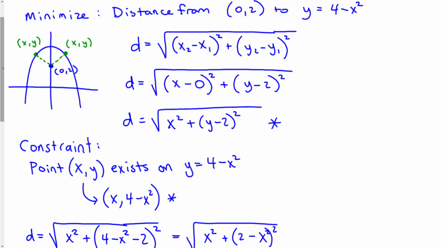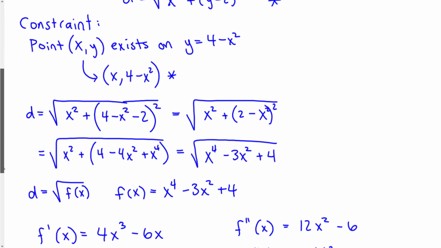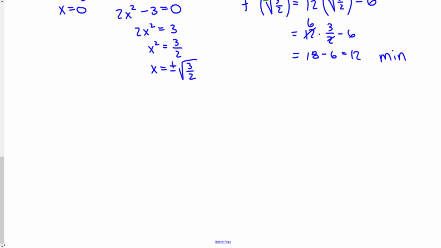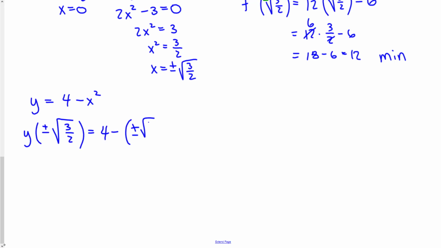Now, what we just solved for was an x value. So this is the x value of where our minimum occurs. To get the y value, we just need to make sure that these y values appear on the parabola. So I go back to my constraint function, plug these into the constraint. So y at plus or minus root 3 over 2 would be 4 minus plus or minus root 3 over 2 squared.